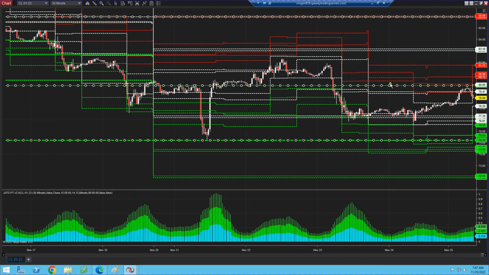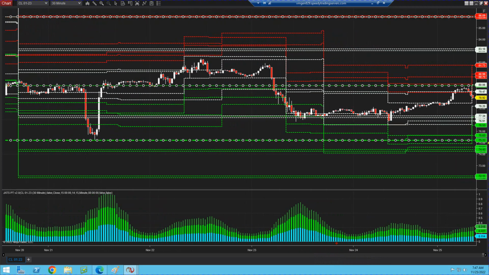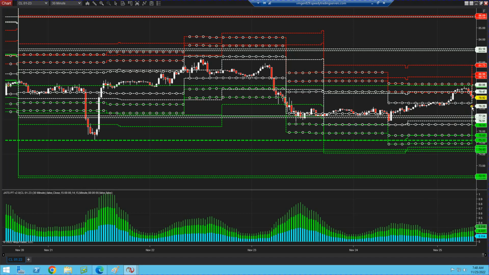The monthly two certainly acted as resistance in our situation today, and price is moving inside the ones, and looking, I guess the middle would be around the 78.20 level, which is, which one is this?